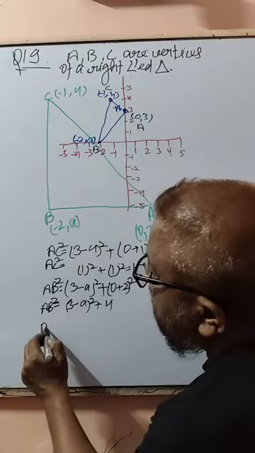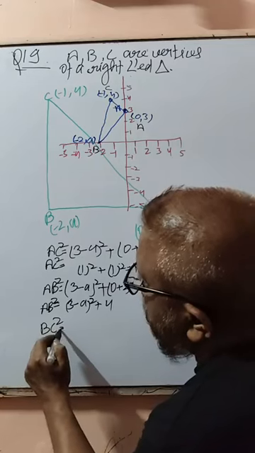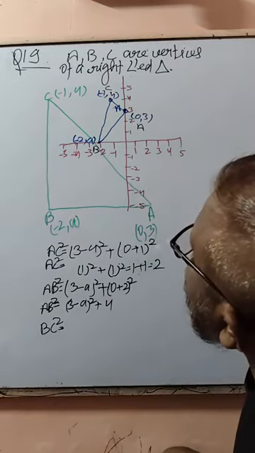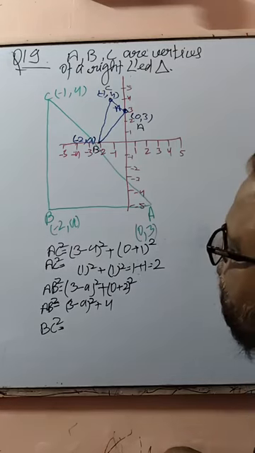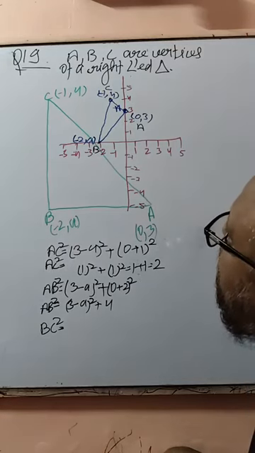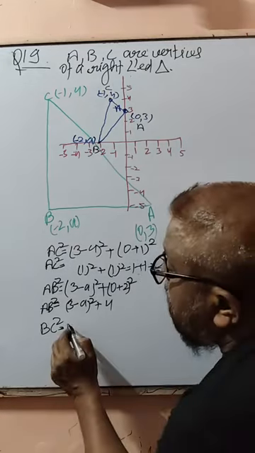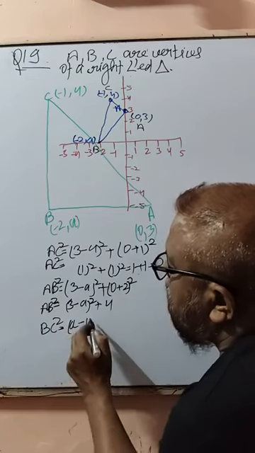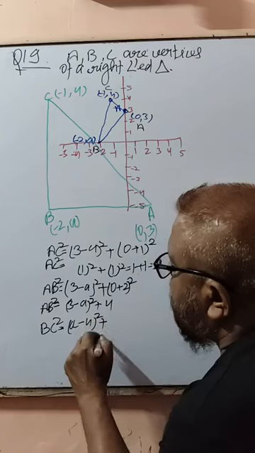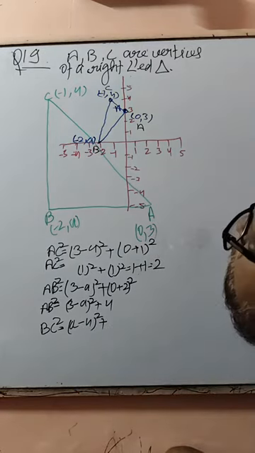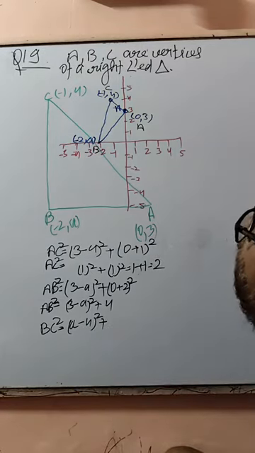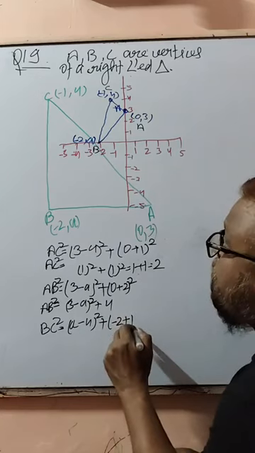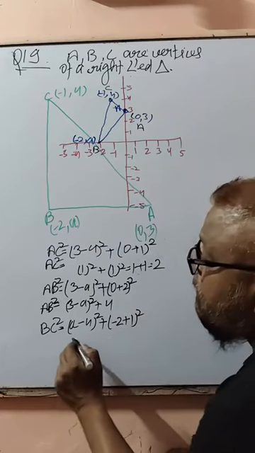What is left with you now? BC square. Now BC square is how much? a minus 4 whole square plus minus 2 plus 1 whole square.